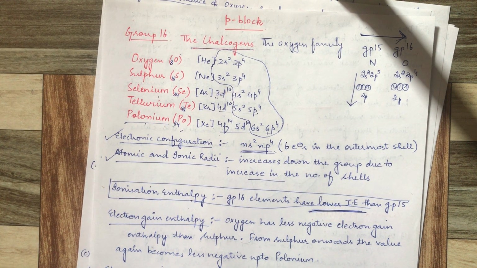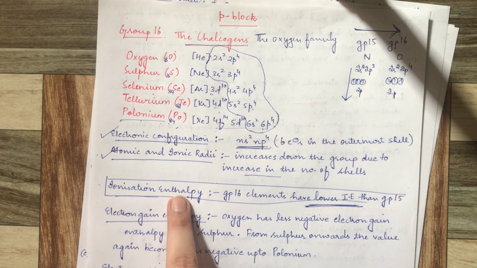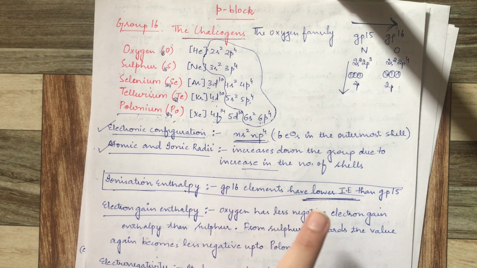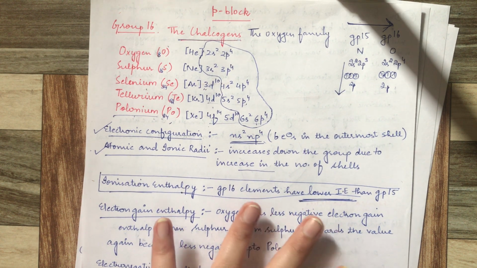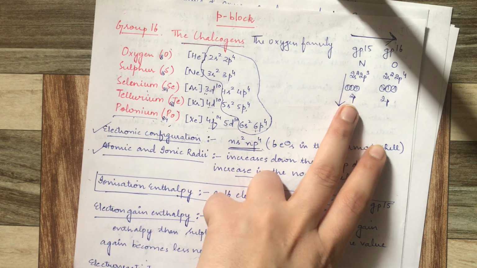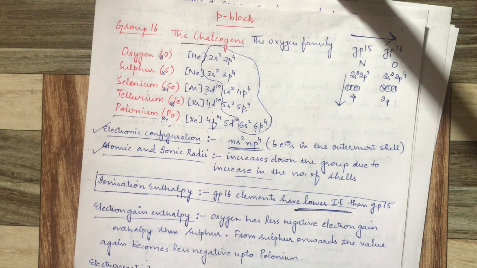Anything which is against the trend is quite important. So the ionization enthalpy trend is that group 16 elements have lower ionization enthalpy than group 15. This is because of the stable 2p3 electronic configuration in group 15.